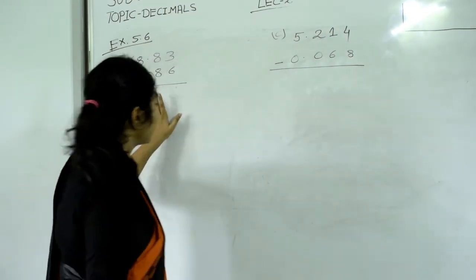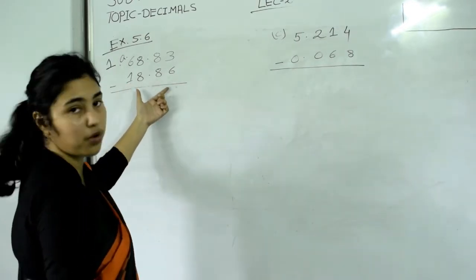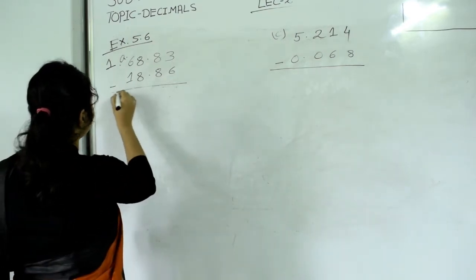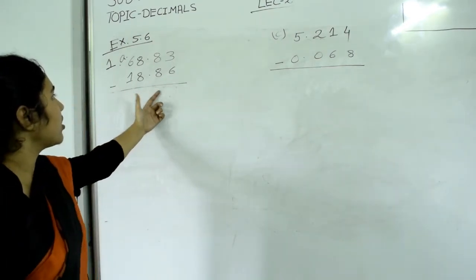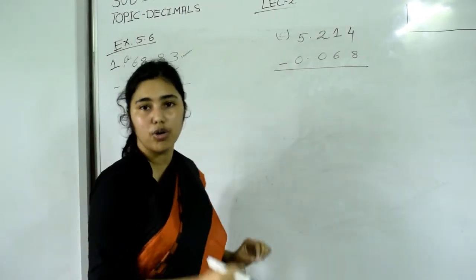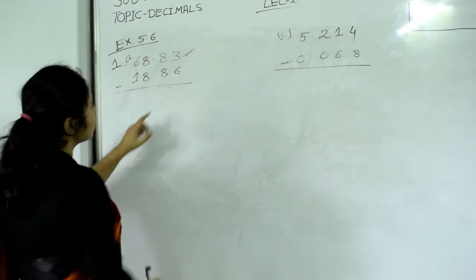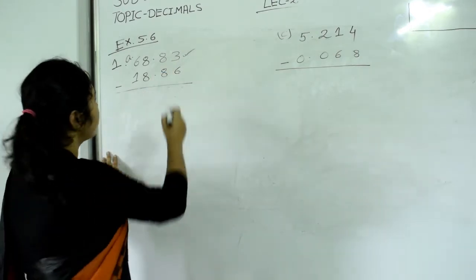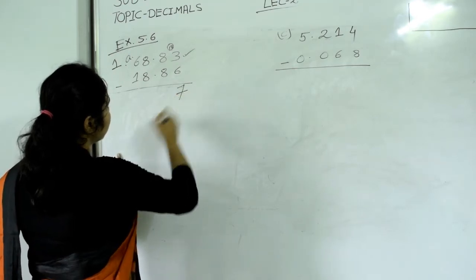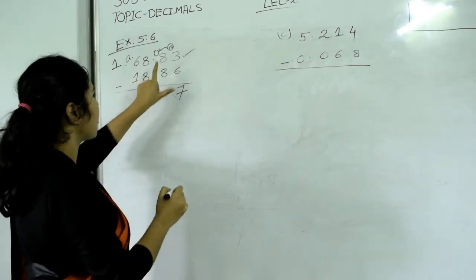Here we have to find the difference between these two numbers, which means we have to subtract the smaller number from the bigger one, as you do with whole numbers. Okay? So 6 here, 6 is more than 3, right? So assume here 13. So after 6, 7. Now take this 1 and subtract from 8.